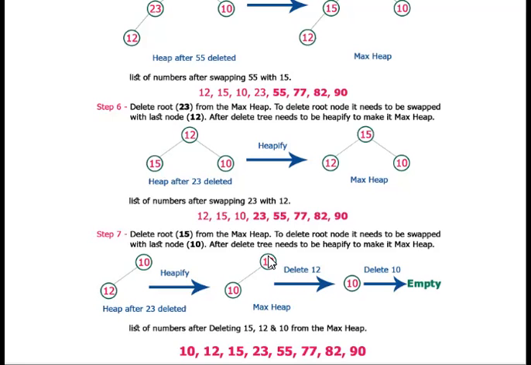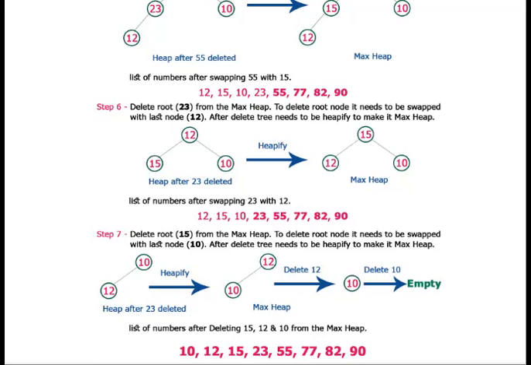So the 12 we can also delete, and it is inserted into the array element. Then only one element, 10, will be left here. 10 is represented as the root node, and it can also be deleted. Now the maximum heap becomes empty.